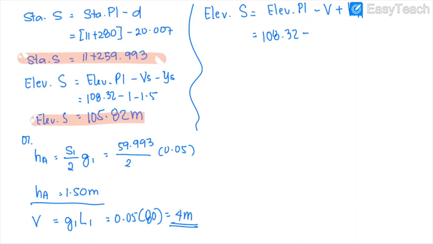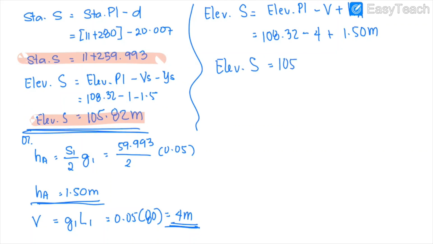Vertical distance is 4 meters plus HA of 1.5. So the elevation of S should be also equal to 105.82 meters. So, yan na yung ating final answer.